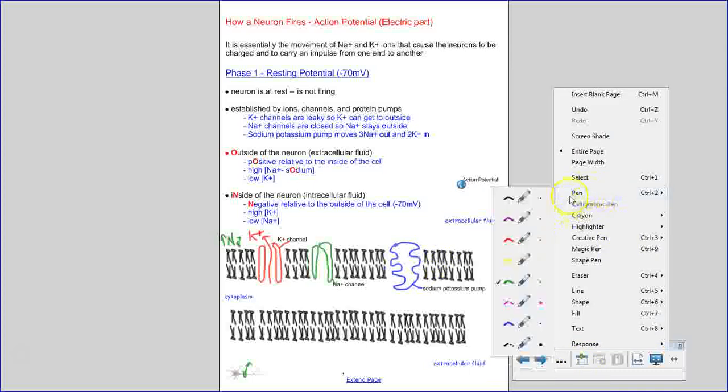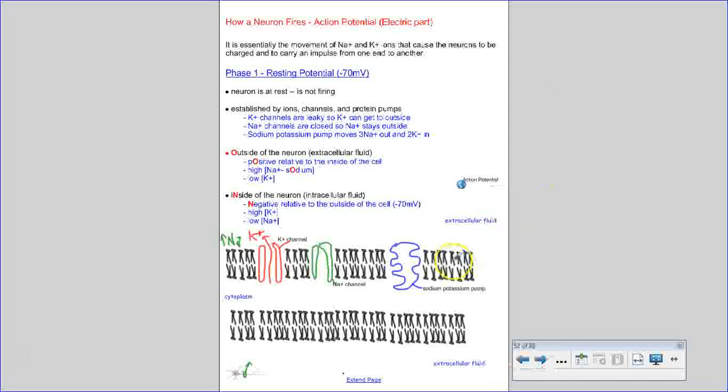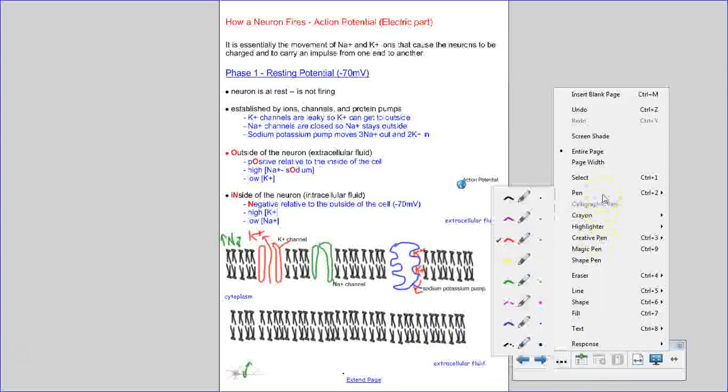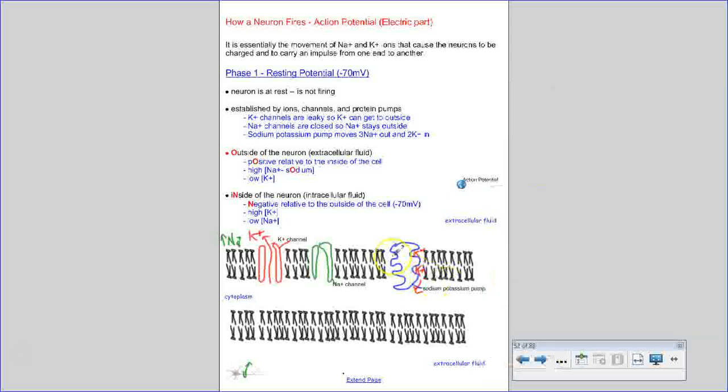But what happens is this pump pumps, for every 2 potassium ions it pumps in, it pumps 3 sodiums out.